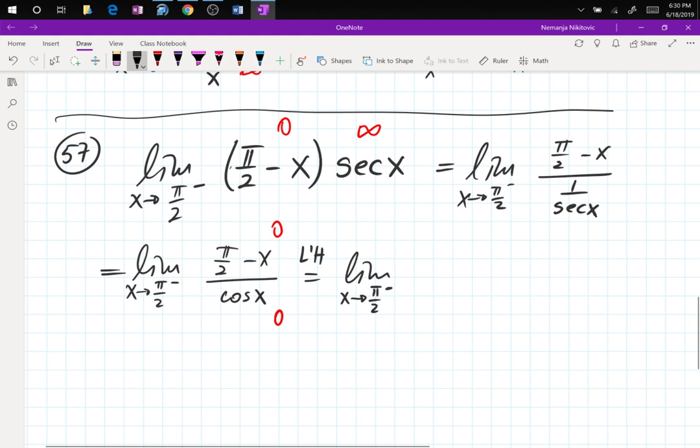The derivative of pi over 2 minus x is? Negative 1, good. And the derivative of cosine x is? Negative sine x.